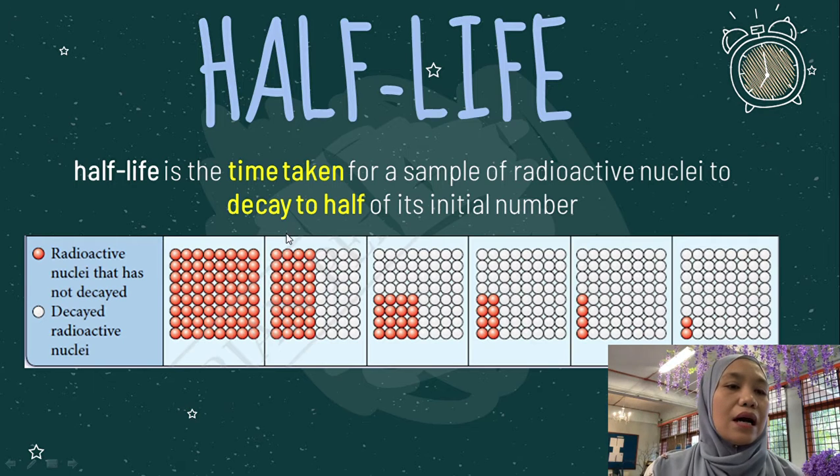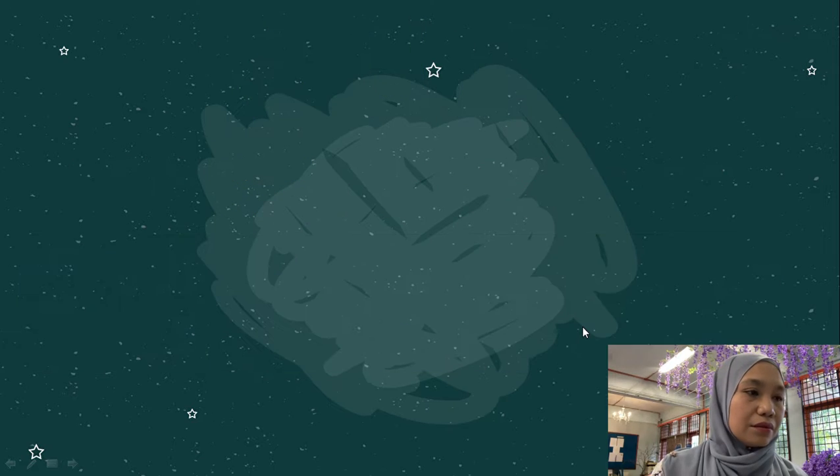So after the first half-life, it will become half of its initial mass, so 50% remains and another 50% has decayed. After the second half-life, only a quarter of the nuclei remains compared to the initial mass or initial number of atoms. And so on and so forth.